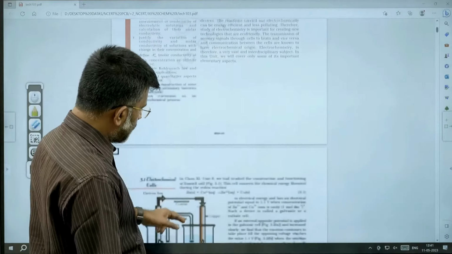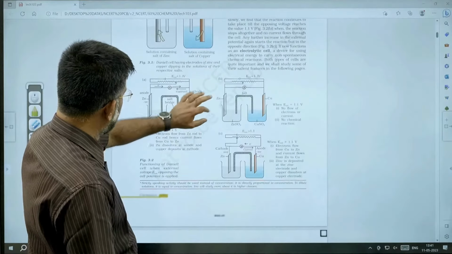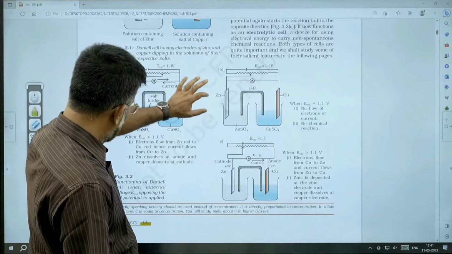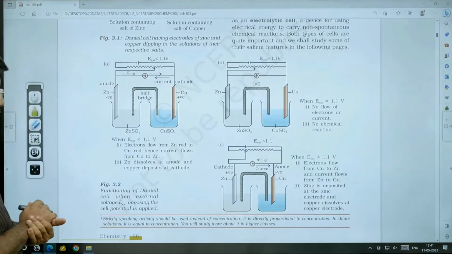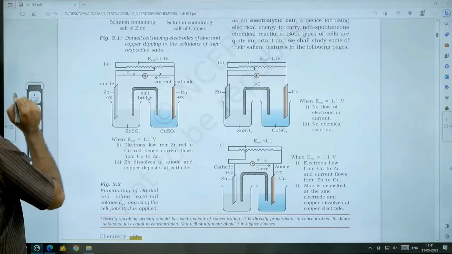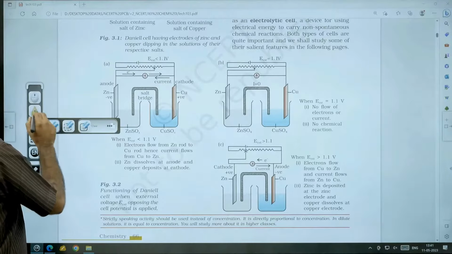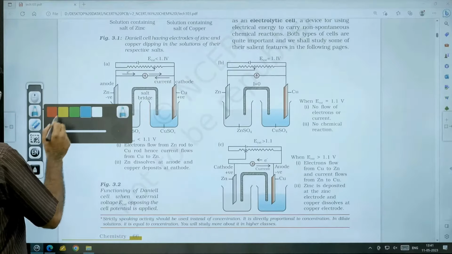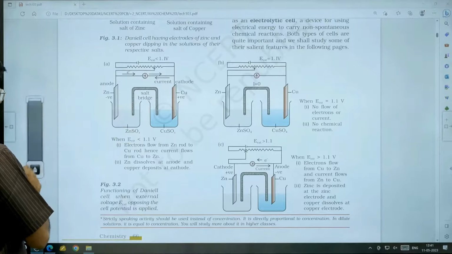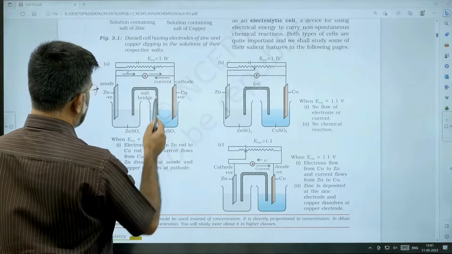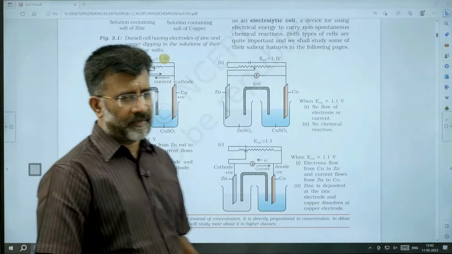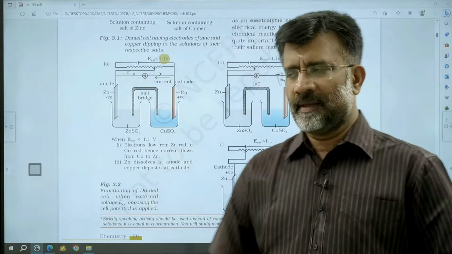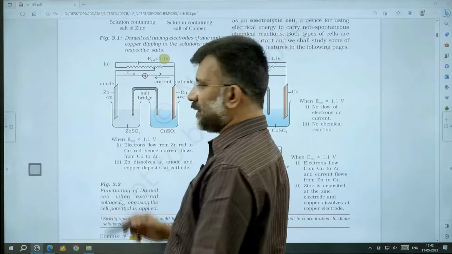You might have seen the figure, diagram 3.2 A, B, C. The first diagram shows the standard EMF of the cell as 1.1 volt. This is the zinc copper couple, the one which I have explained, having a potential of 1.1 volt.